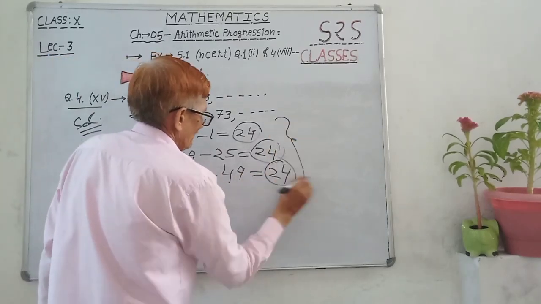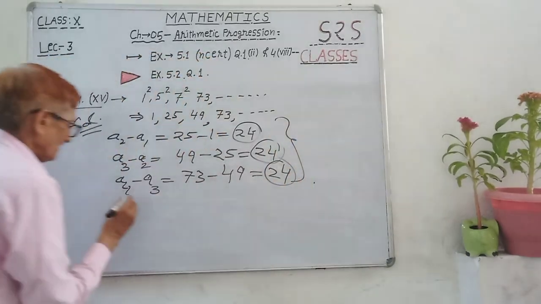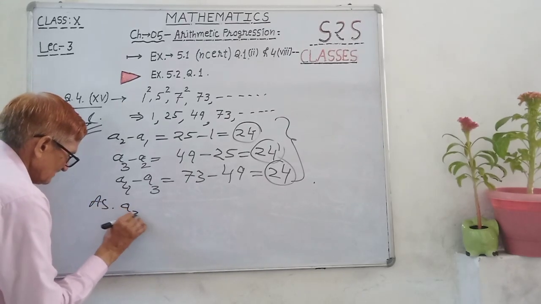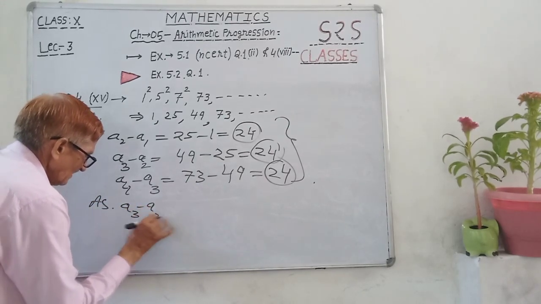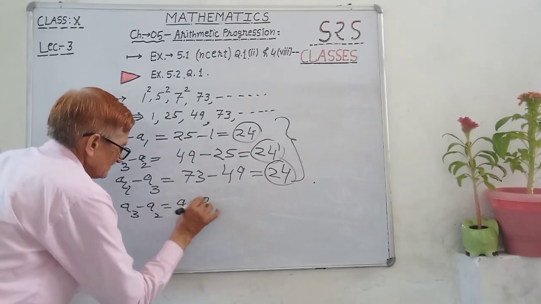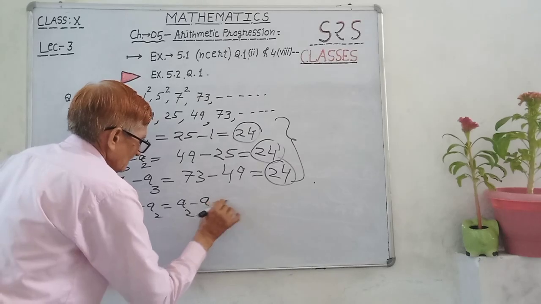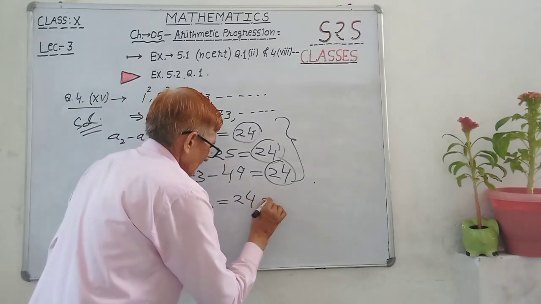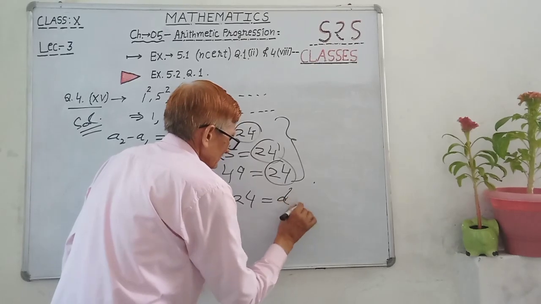Same. So we can say as A3 minus A2 equal to A2 minus A1 equal to 24 equal to D, common difference.